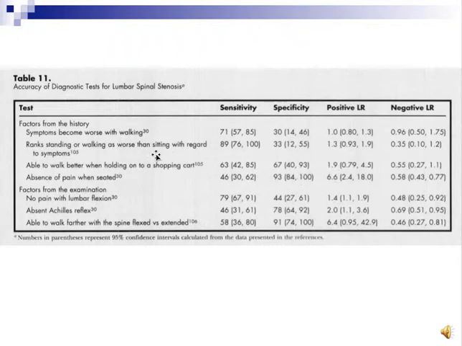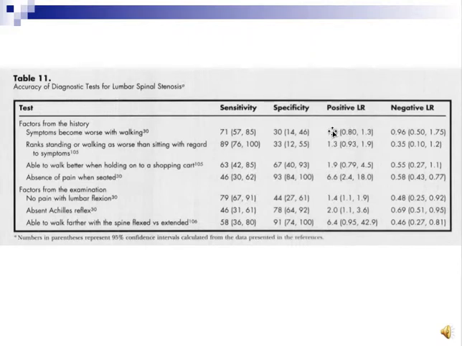So let's go back up to this first one, symptoms become worse with walking. We can see the sensitivity and specificity are moderate, so we're expecting the likelihood ratios to also be moderate because they're derived from those values. So basically, a positive and negative likelihood ratio that are not significant are going to be close to 1, and then their confidence intervals, which we see here, are going to include 1.